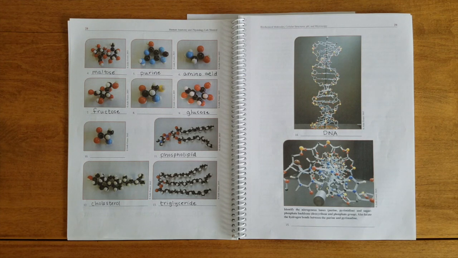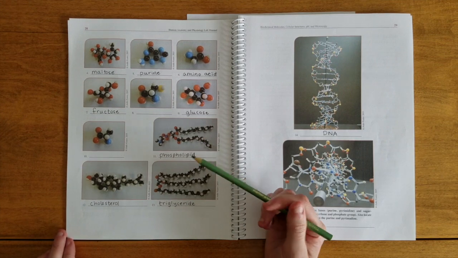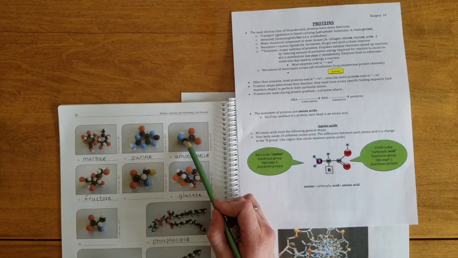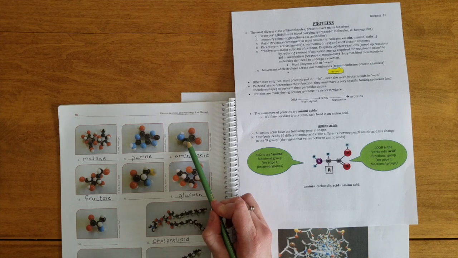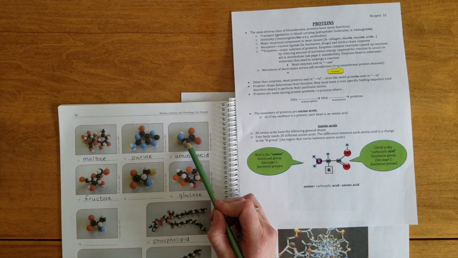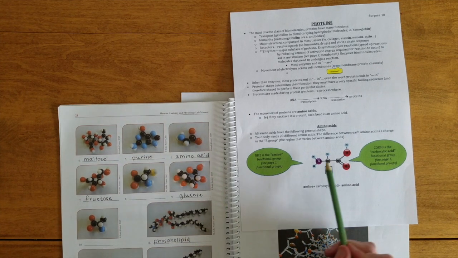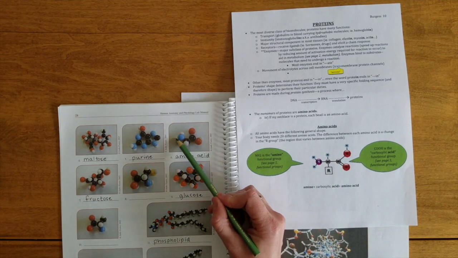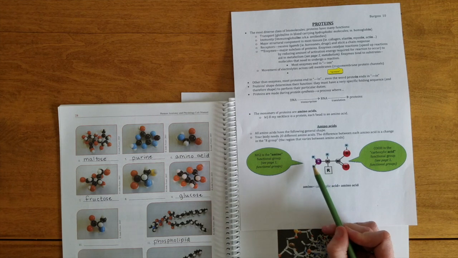So remember, black is carbon. So this is our central carbon right here, attached to a hydrogen. So central carbon and hydrogen. Then here's our amine group over here.